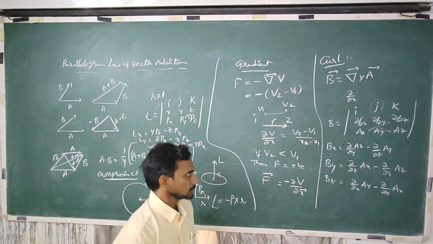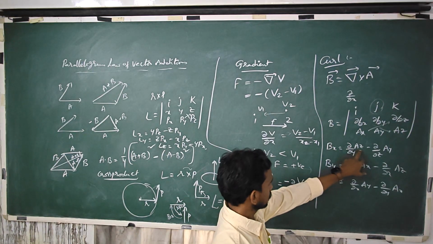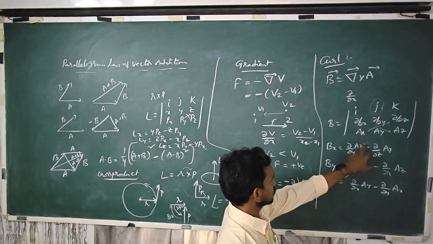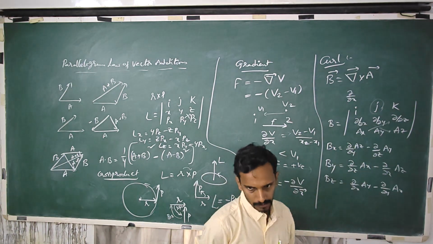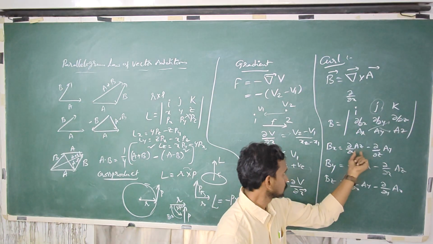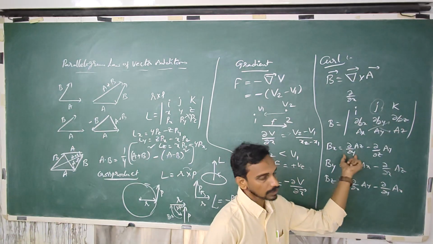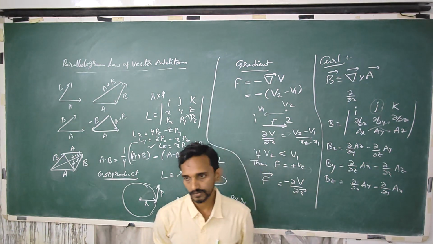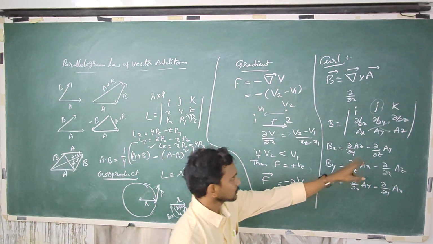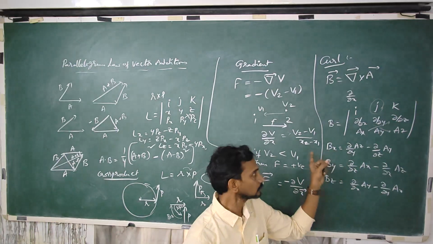So what does it represent? Here A is a vector potential. The variation of the z component of the vector potential as a function of y, and the variation of the y component of the vector potential as a function of z, contributes to Bx.